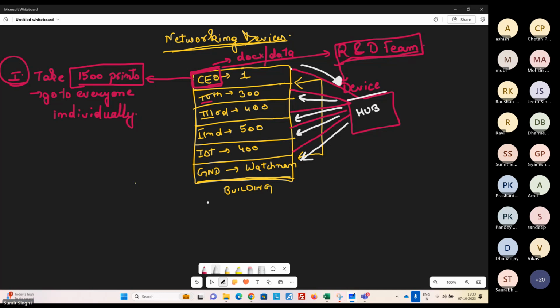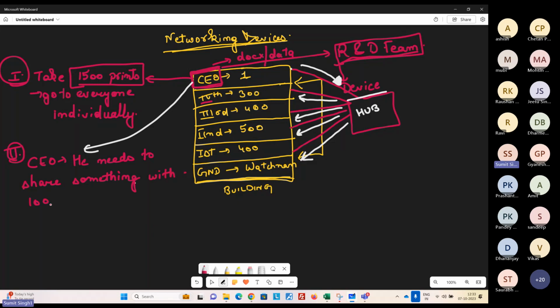Next, the next thing he wanted from his team. CEO has a requirement that he needs to share something with, let's say, 100 users on each floor.